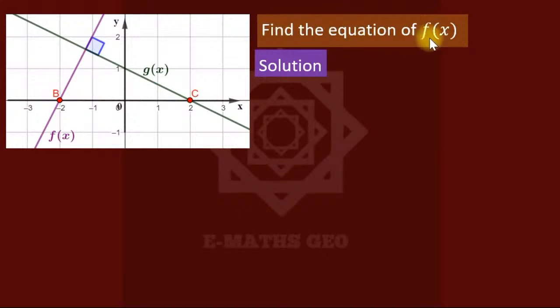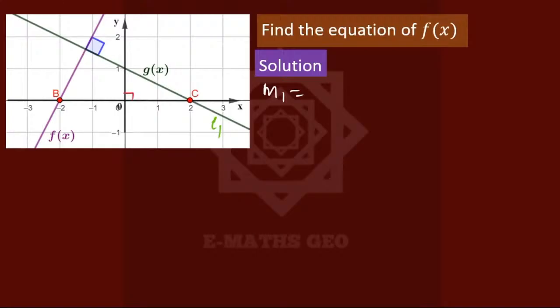We're asked to find the equation of f of x. As you can see, the two lines are perpendicular. And we know that for perpendicular lines, the product of their slopes is always minus 1. So if we call the green line L1, the slope of L1, which is m1, is the change in y over the change in x.